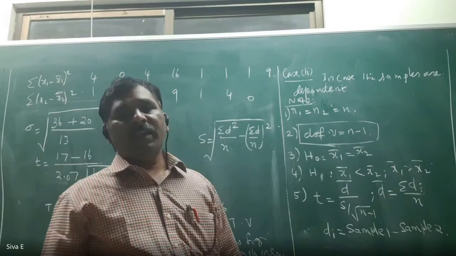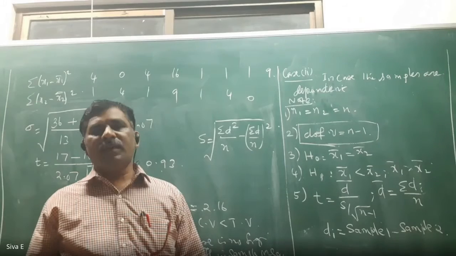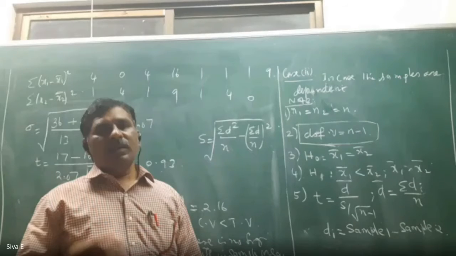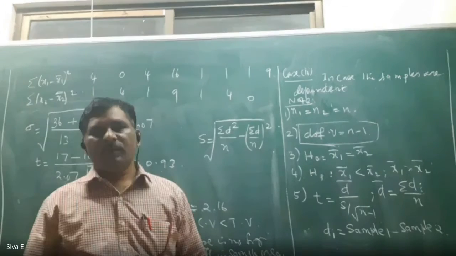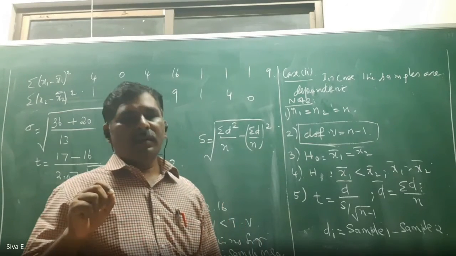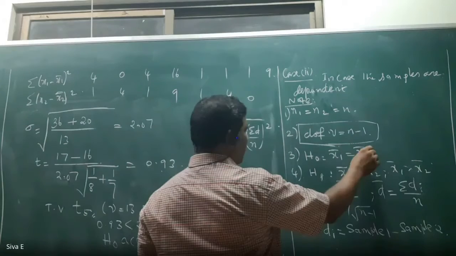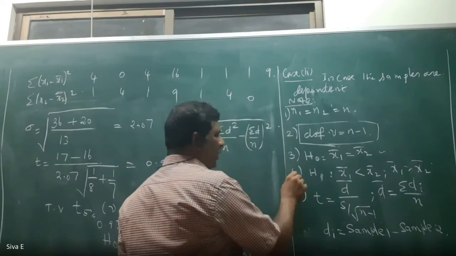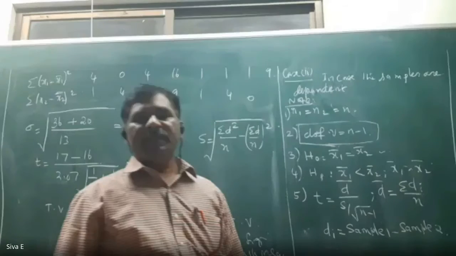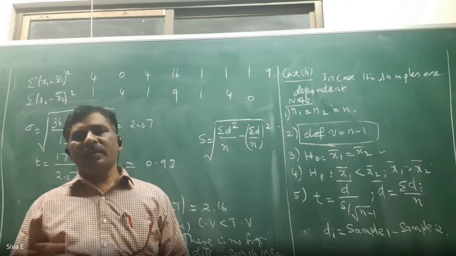If the problem is a dependent sample problem and you do it as an independent sample problem, your answer will be wrong. You have to do the proper testing. Then H0 is x1 bar equal to x2 bar, that is default. But for the alternative hypothesis, a one-tailed test will exist. There is no two-tailed test.